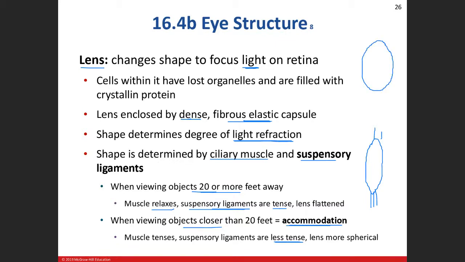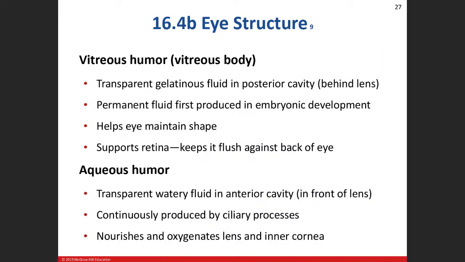I'll draw the ligaments kind of wavy because they were supposed to be relaxed. There's a picture in your book, right? And then it makes it fatter, or spherical. So you kind of have to abandon the thought that when a muscle contracts, it's going to pull the ligaments taut and tight, and therefore make the lens oblong. It's just the opposite.